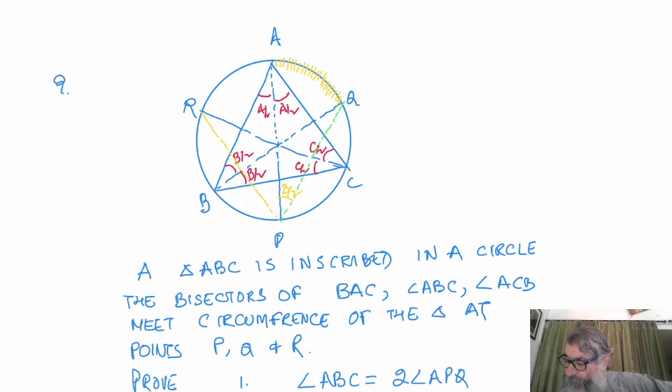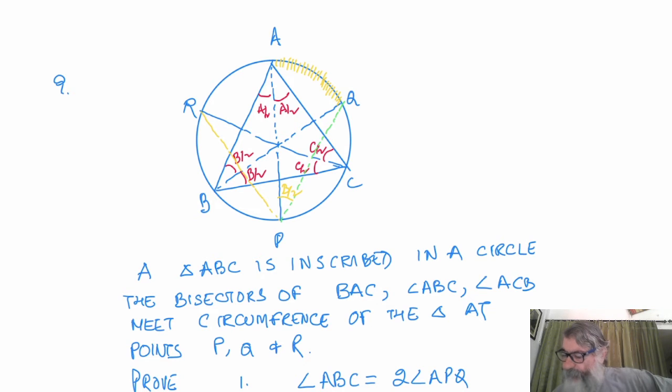Where is APR? A, P, R. ACB is double of angle APR.